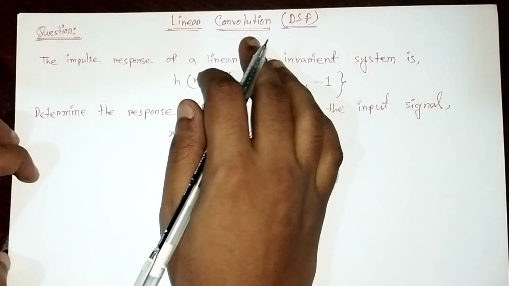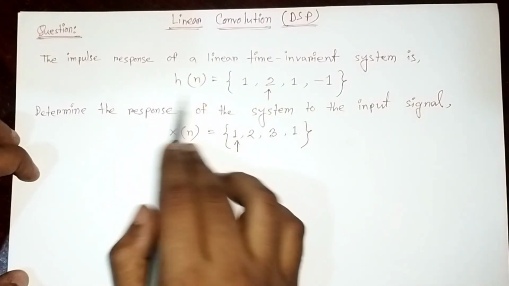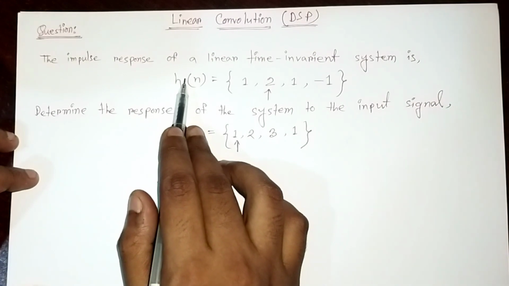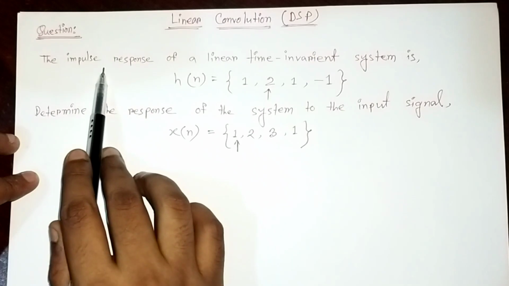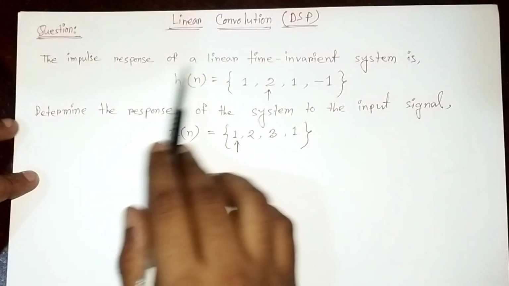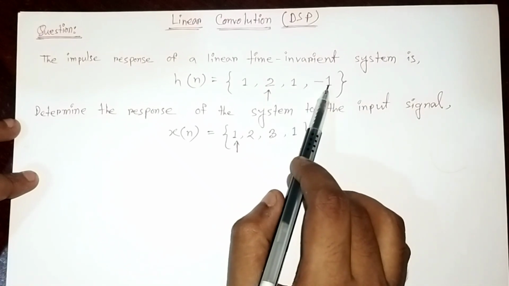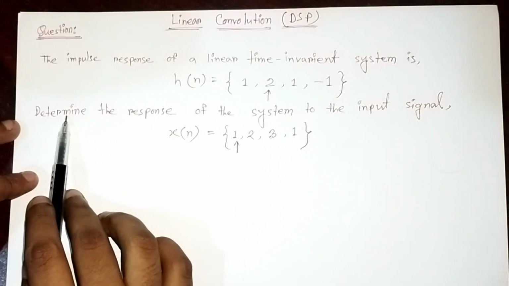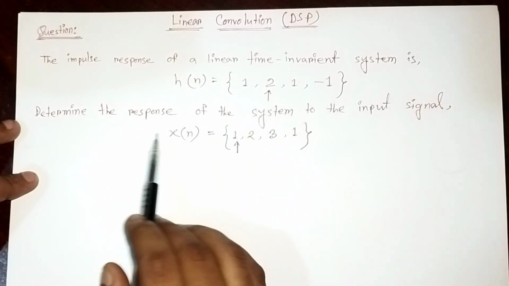So in linear convolution we will be given an impulse sequence which is represented by h of n. Here, as you can see, the impulse response of a linear time invariant system is h of n, 1, 2, 1 and minus 1, and then we're asked to determine the response of the system to the input signal, which is x of n.